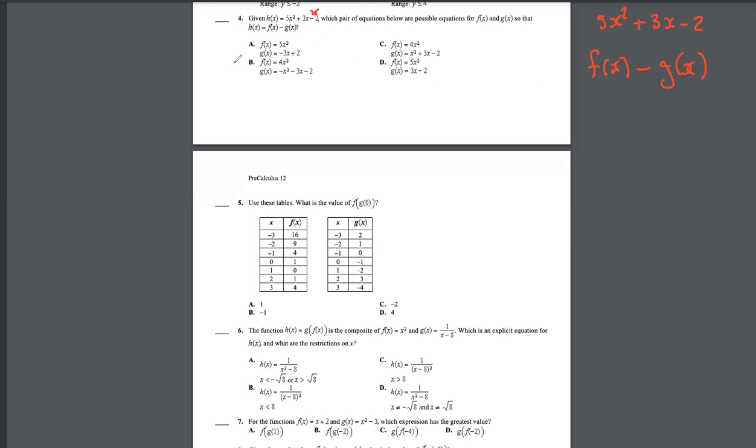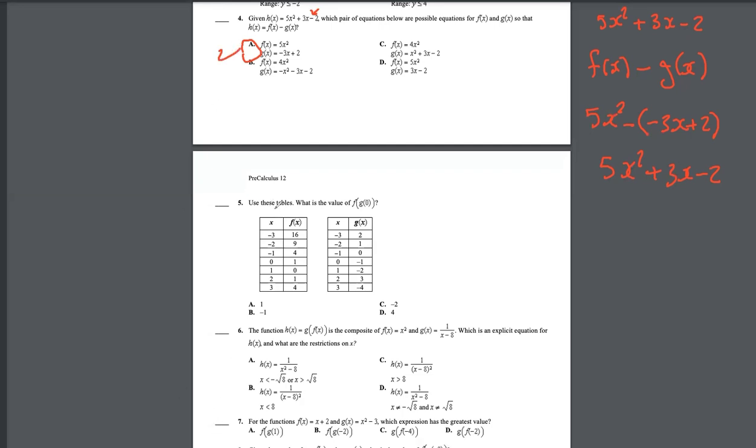If you chose A, f of x is 5x squared minus g of x, which is this. You have to put that in brackets since you're subtracting, so -3x plus 2. Then you distribute that negative, and you're going to get 5x squared plus 3x minus 2, and that's the right answer, yes.